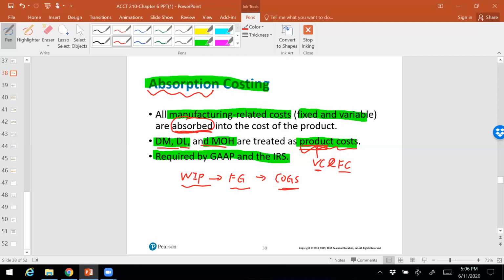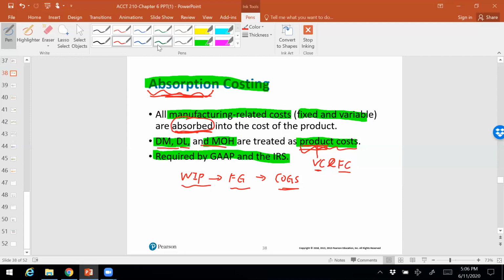It absorbs all the product cost, regardless of variable or fixed. We do not care. We just put it in our product. That is why it's called absorption costing method.